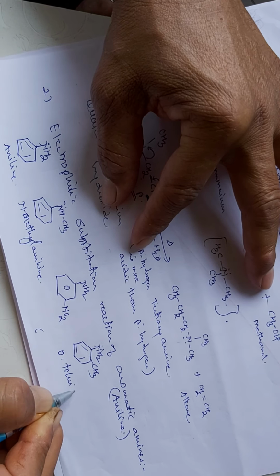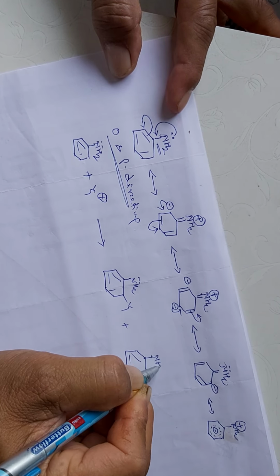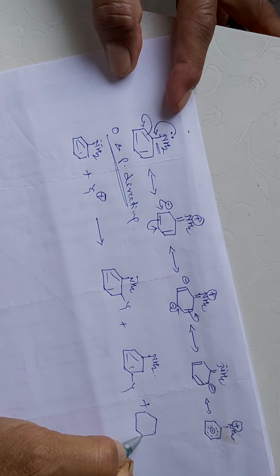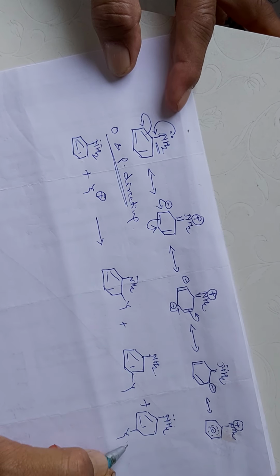Suppose aniline undergoes electrophilic substitution with the electrophile, you may get three possible products: NH2 with Y at the ortho position, NH2 with the electrophile at the meta position, and NH2 with the electrophile at the para position.